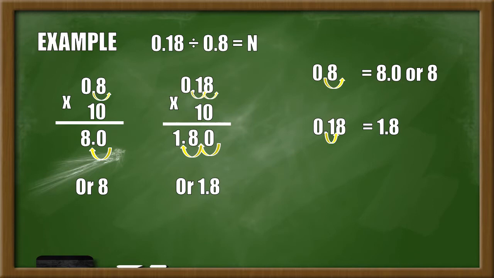Then you will count how many moves you did and apply the same number of moves to the dividend so that you can have a good answer. So you will count how many moves. Understood? Good job.